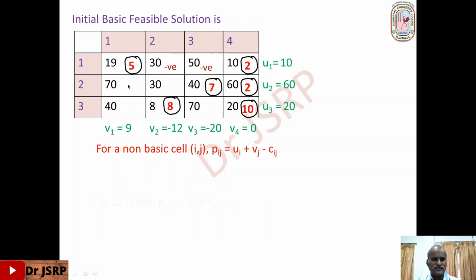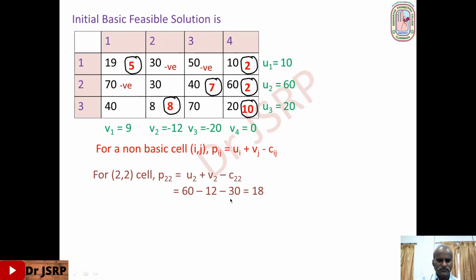Next, for the 2,1 cell, the corresponding U value U2 plus V1 minus 70. So U2, 60, plus 9 minus 70. That is 69 minus 70, which is minus 1, so negative. For the 2,2 cell, P22 is U2 plus V2 minus C22. So U2 60 minus 12 minus 30. So 60 minus 42, so 18.